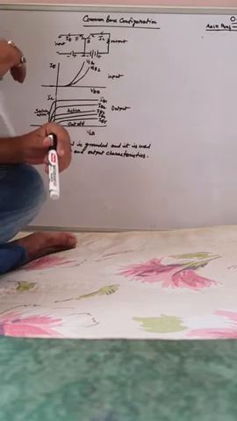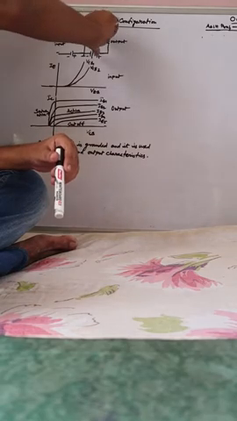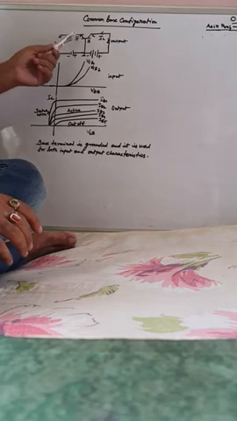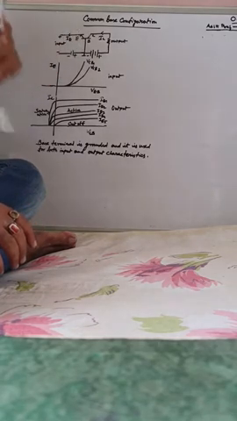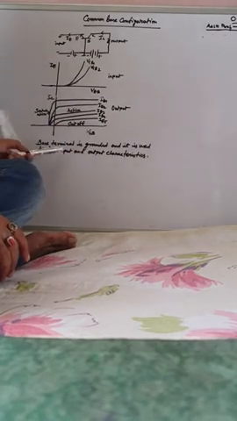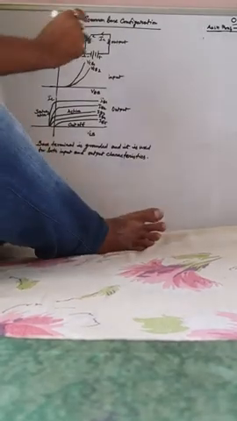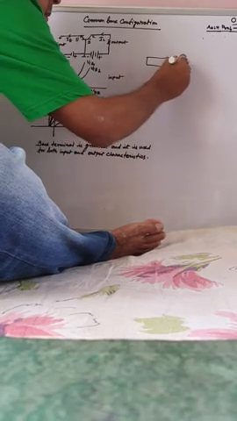So what is common base? Base is common in both input and output characteristics. See, this is the emitter, base, collector. We have used an NPN transistor. So base is common and base is grounded. The base terminal is grounded and it is used for both input and output characteristics.